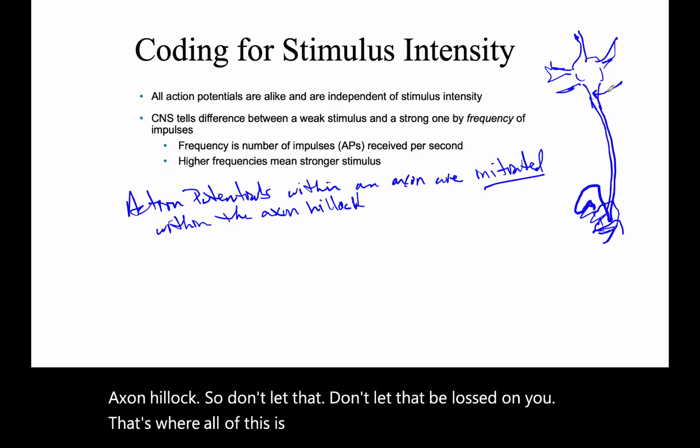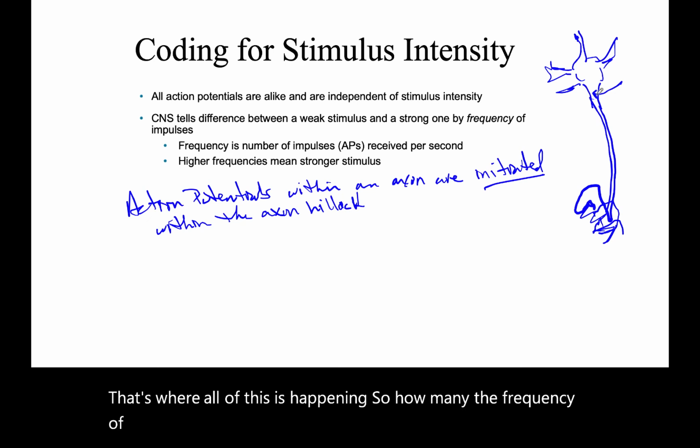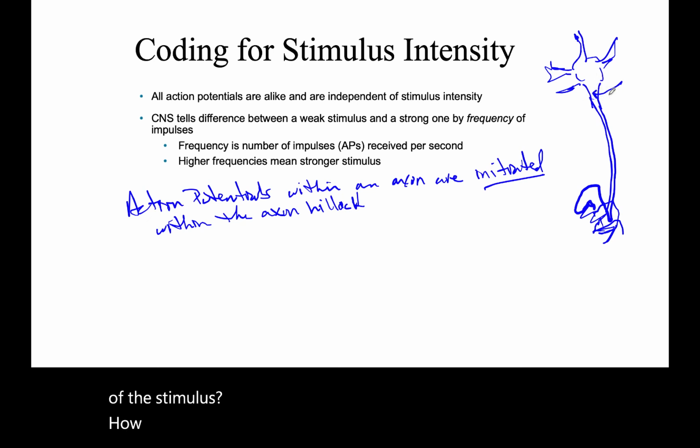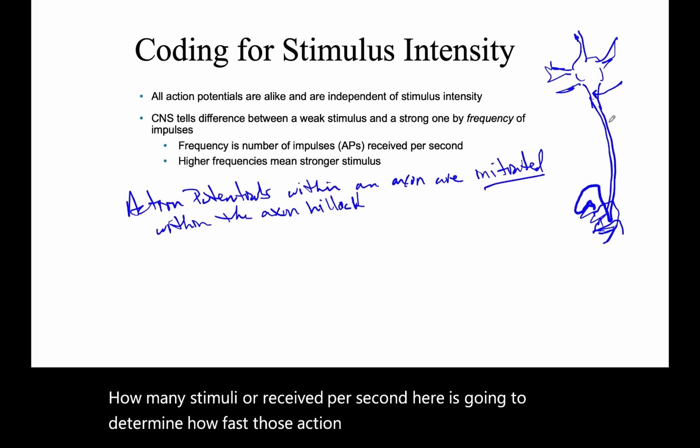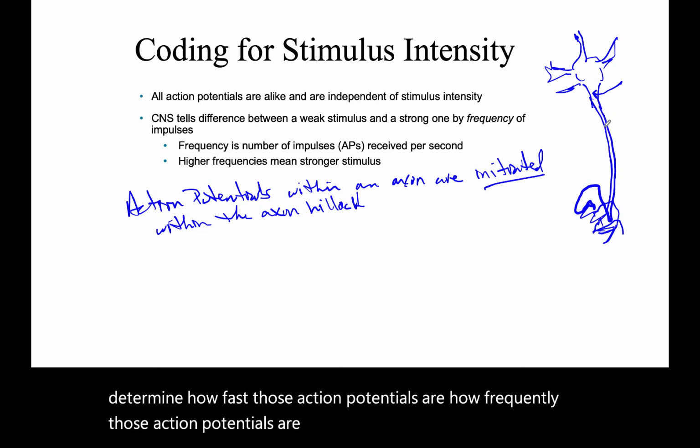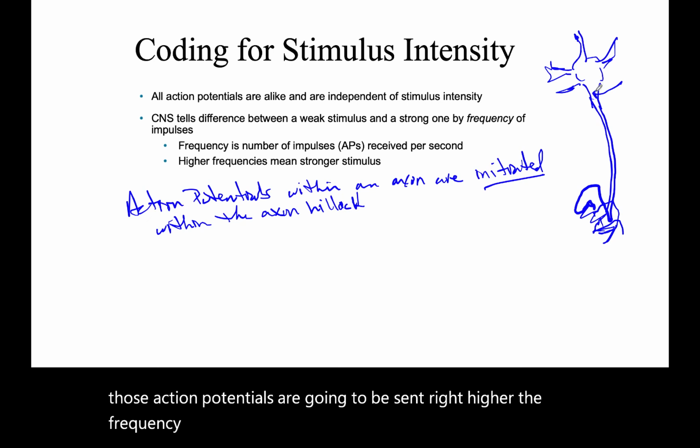So the frequency of the stimulus, how many stimuli are received per second here, is going to determine how frequently those action potentials are going to be sent. Higher frequency means a stronger stimulus.